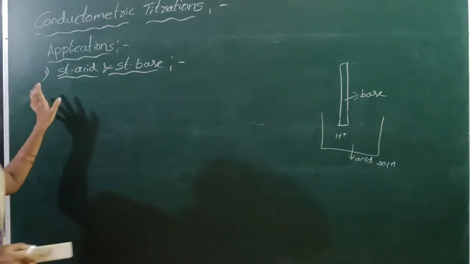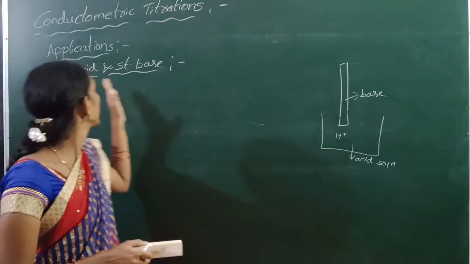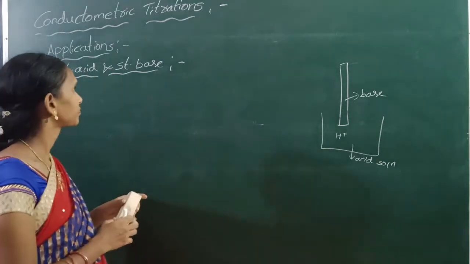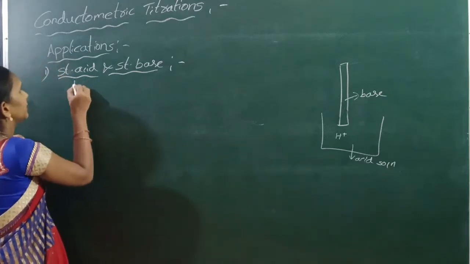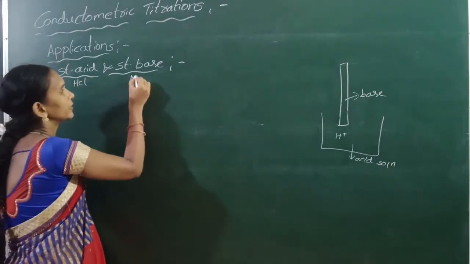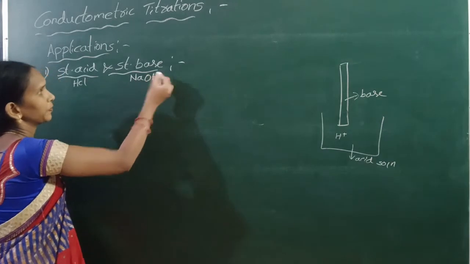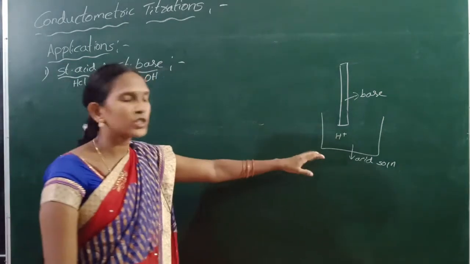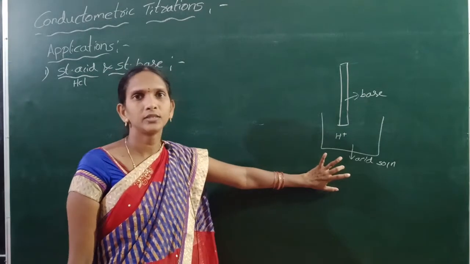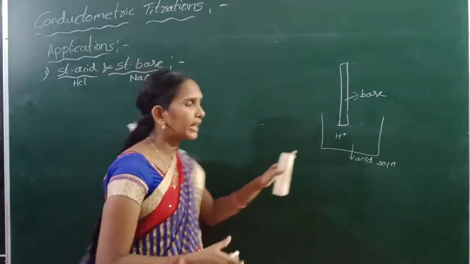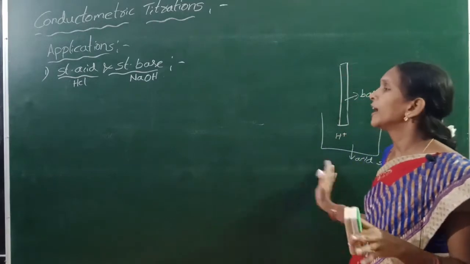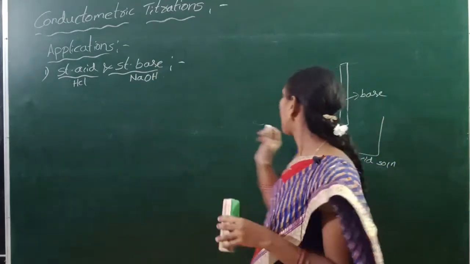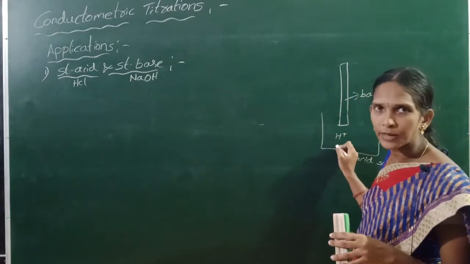Here strong acid means HCl and strong base means NaOH. Now we can take HCl solution in conductivity cell. First, the conductivity of HCl is high. Why? Because fast moving H plus ions are present.